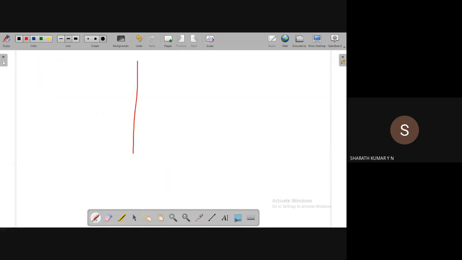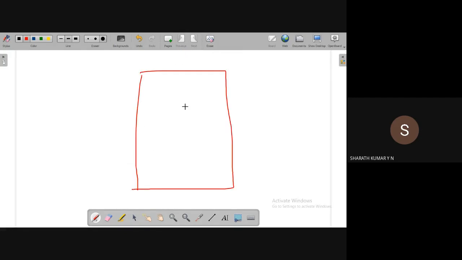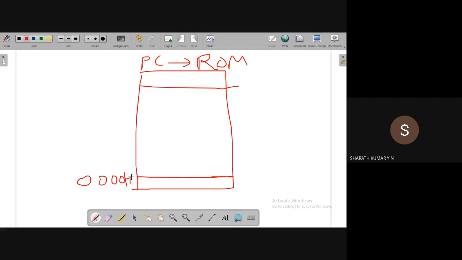If you write in terms of memory locations, the program counter can access ROM locations which vary from the first location, whose address is 0000H, to the last address, FFFFH.